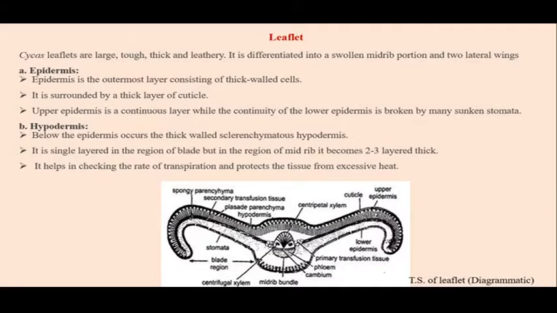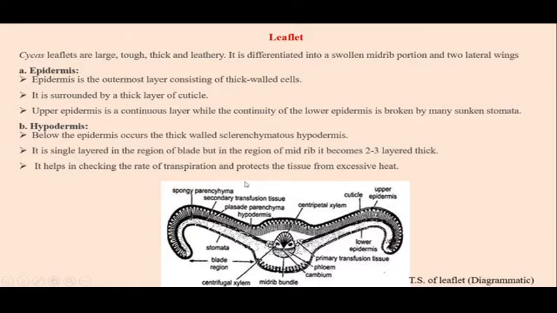Next to the epidermis is the hypodermis. Below the epidermis occurs the thick-walled sclerenchymatous hypodermis. Here you can see this is the blade region. This is the midrib region and this is the blade region or wings region.